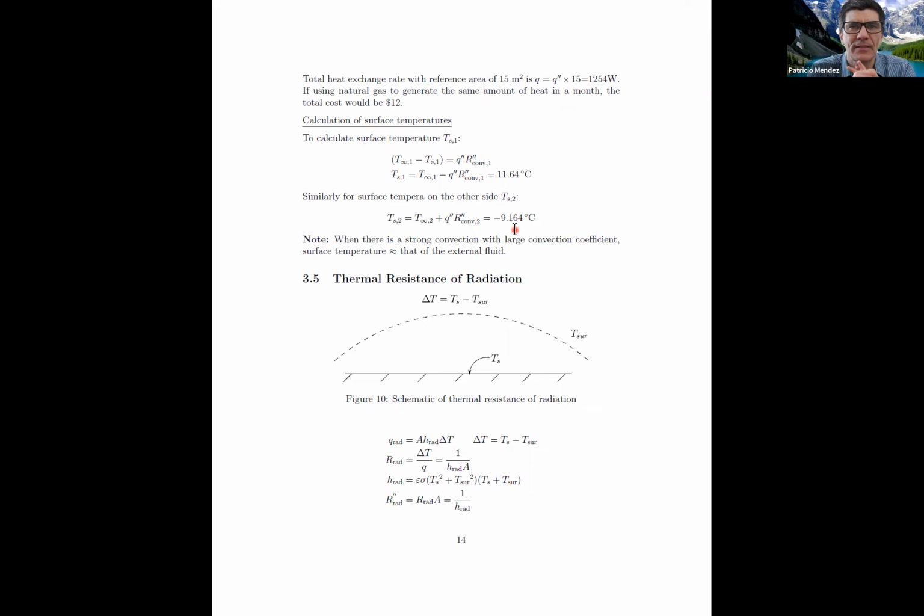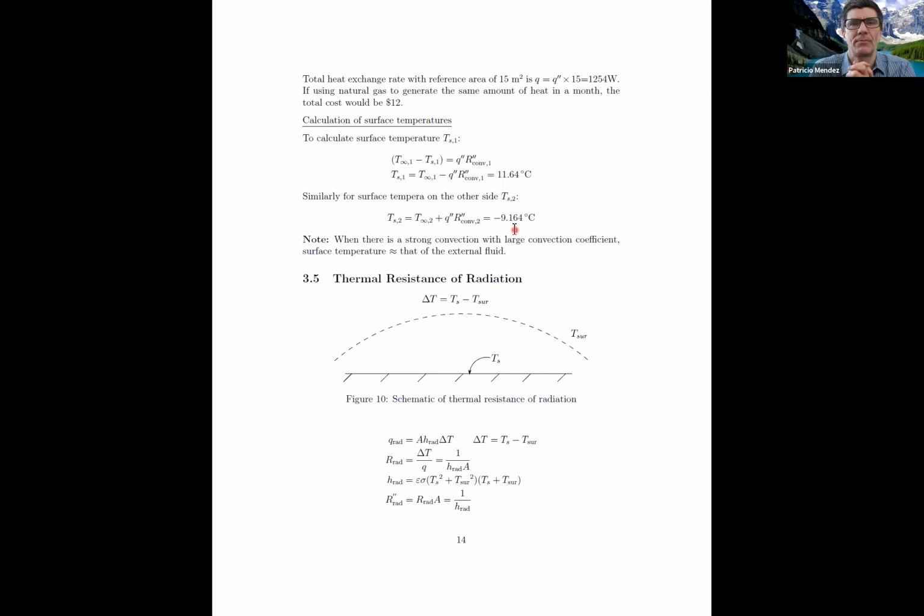And we had discussed this when we talked about something that would have a very high Biot number. When the Biot number is very high, is the case in which we have an intense cooling or heating action, intense convection on the surface of a body, and the surface of the body is more or less at the same temperature of the fluid outside. This has practical implications.